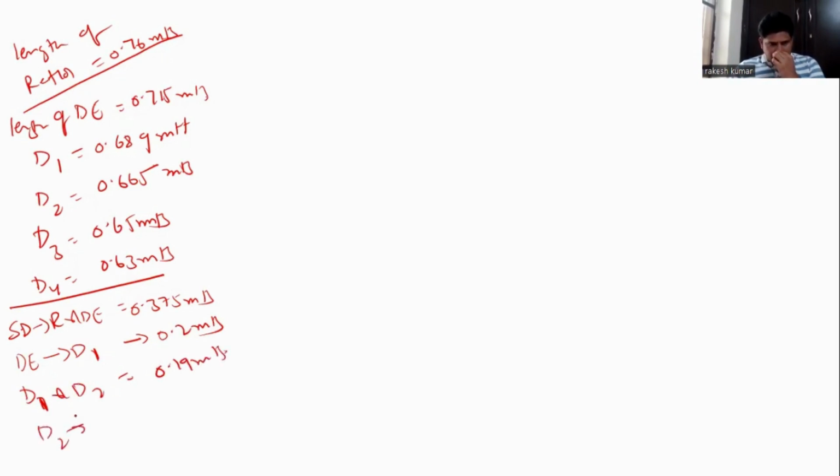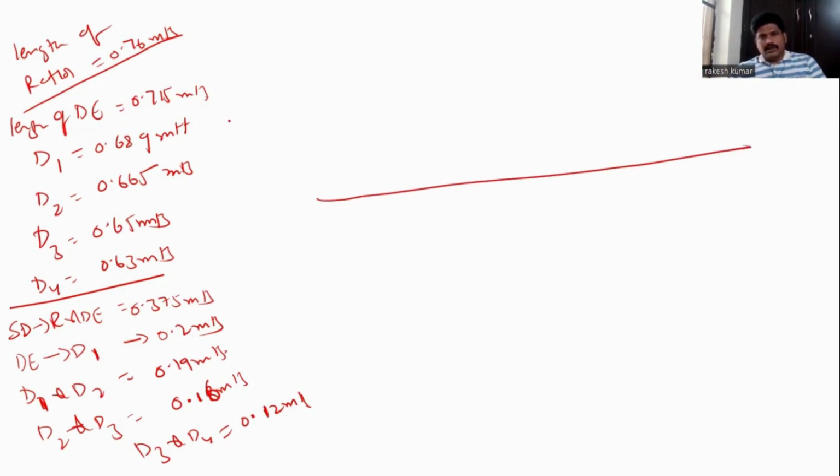Similarly, D2 and D3, it is 0.11 meters. And D3 and D4, it is 0.12 meters. Okay, so by taking all these values, we want to draw the diagram.